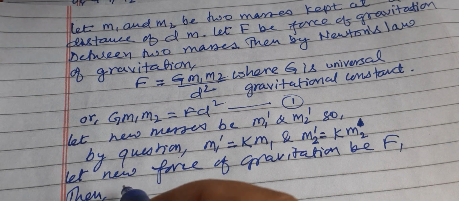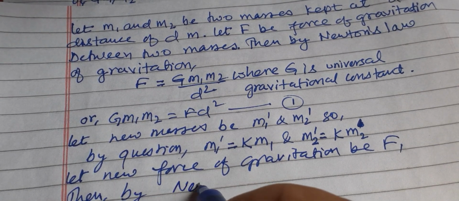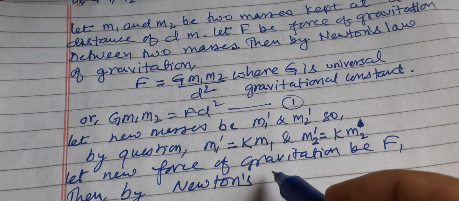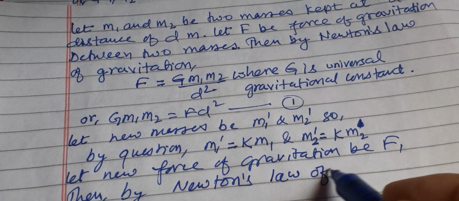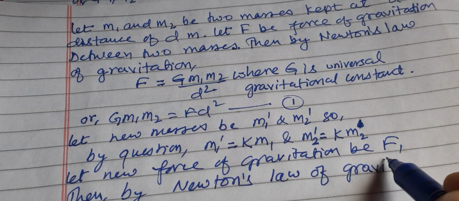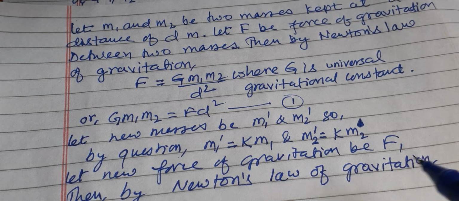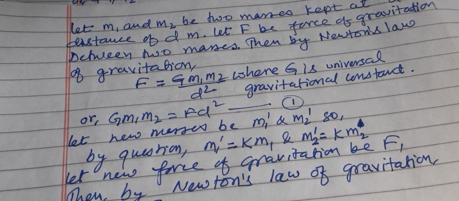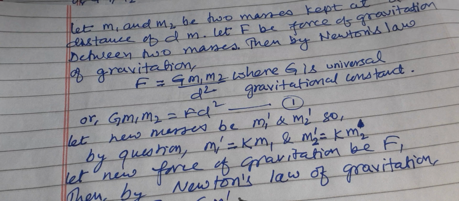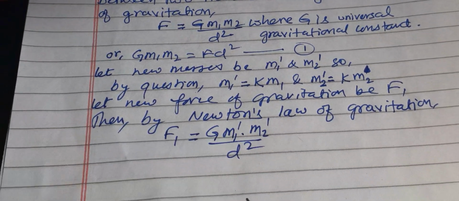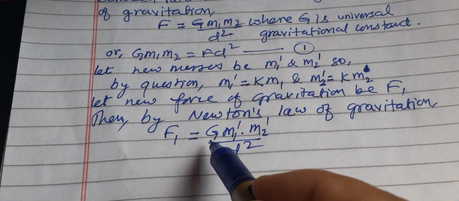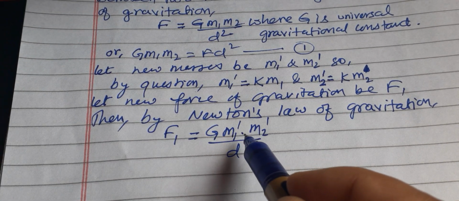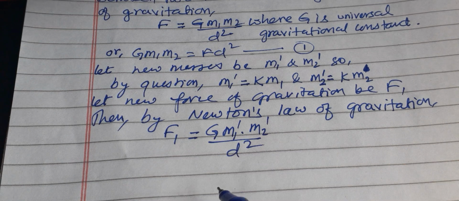Then by Newton's law of gravitation, this F1 is given by G times m1 prime times m2 prime whole divided by d square.